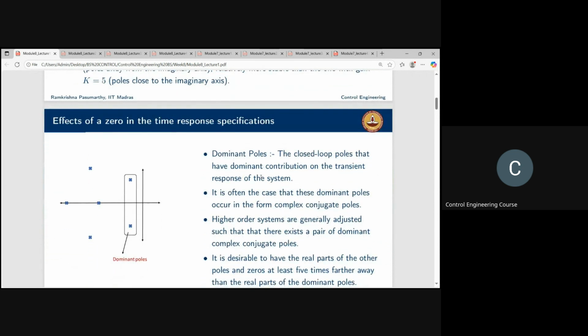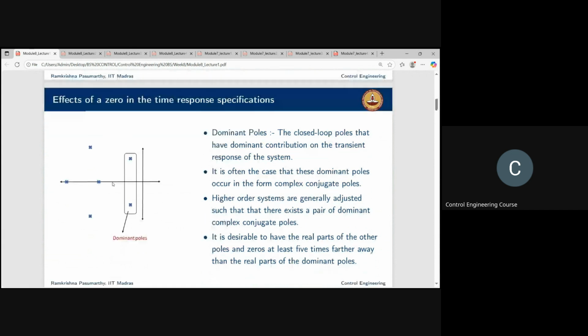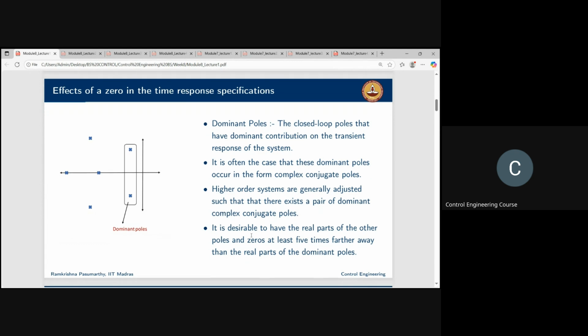So you see here, this sketch, do you see? These two are the dominant poles, and the other poles are not that far, but still far away enough so that the design specifications will be satisfied considering only these two pairs of poles.